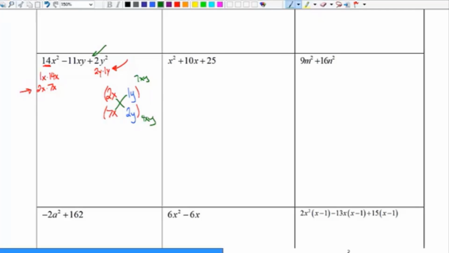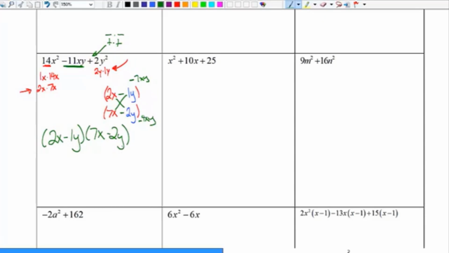Now, because the 2 is positive, that means I either have a positive times a positive or a negative times a negative. In this case, I'm going to have 2 negatives. 7xy and 4xy do add to negative 11xy if they're both negative. So this factors into 2x minus 1y times 7x minus 2y.